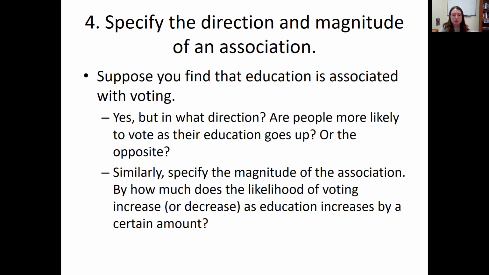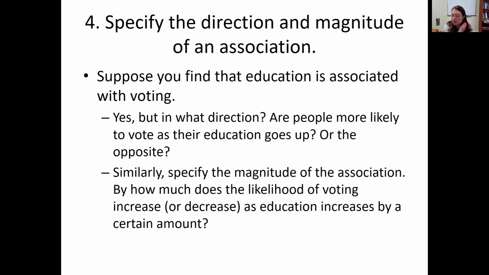And you also want to specify the magnitude of the association. So in this example, by how much does the likelihood of voting increase or decrease as education increases by a certain amount? You could say, for each additional year of education, the probability that a person votes increases by 2 percentage points. Or you might say college graduates compared to high school graduates are X percent more likely to vote.